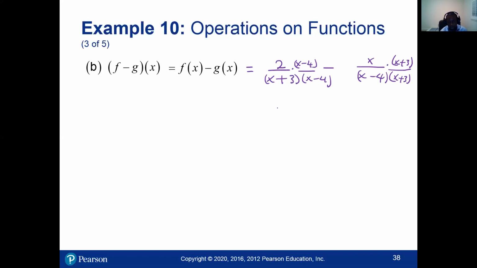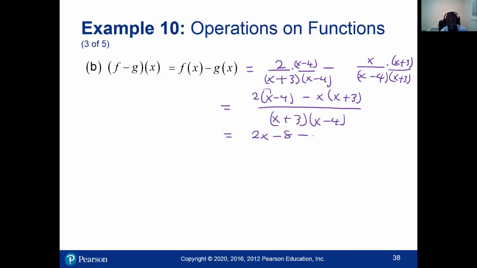So your numerator becomes what? 2 times x minus 4 minus x plus 3, divided by the common denominator, which is x plus 3, x minus 4. So let's simplify the numerator. You have what? 2, multiply it out 2 times 2x, okay? 2x, and then minus 8, then minus x squared, minus 3x divided by the same denominator, okay?